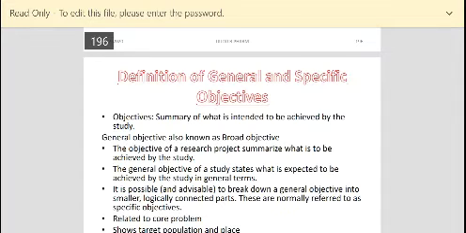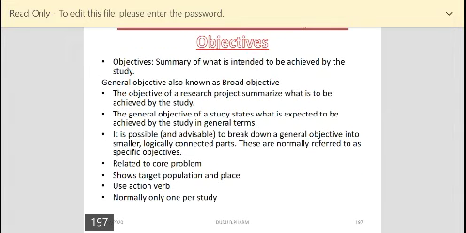Actually, what makes you do that study, so that you get what? What are your expectations? So these objectives are a summary of what is intended to be achieved by the study.